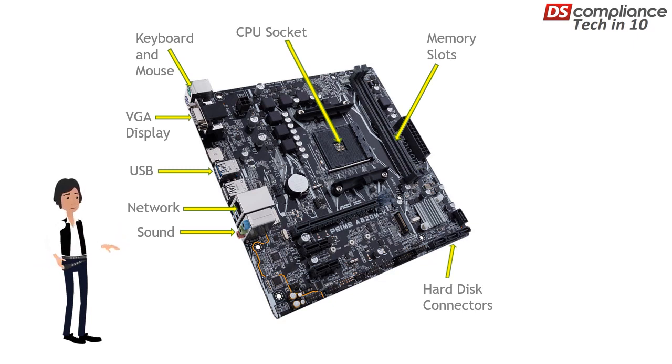Of these, the mouse and keyboard would be input ports. The VGA display, and sound and printer, if there was one connected, would be output ports, and many others can be both input and output ports, such as the network and USB ports, as the computer can both receive and transmit information via those ports.